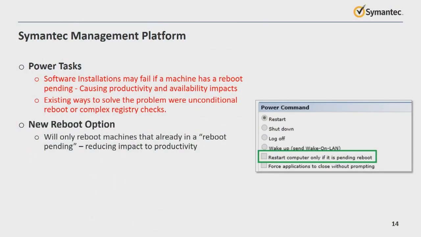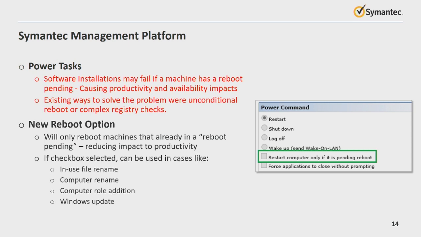So what we've done now is we've brought in a new reboot option, and you'll see this under the power command task that says restart computer only if pending reboot. What this does is in certain cases like these, if you check the box, in situations like in-use file names, where it's saying I can't do anything because I have to have a rename operation. Computer rename, if you do a computer rename, that kind of stops the Windows OS especially.